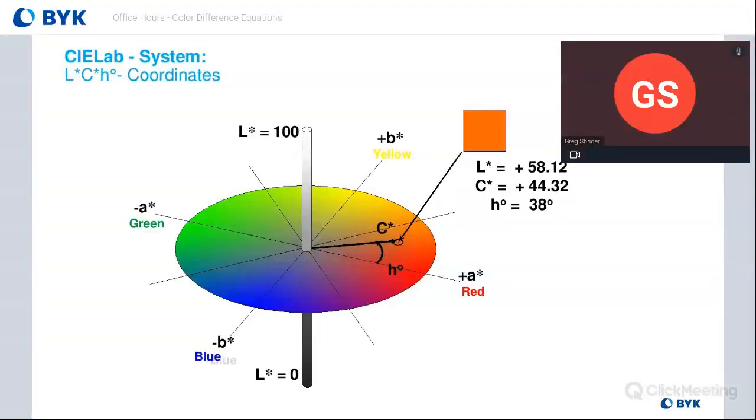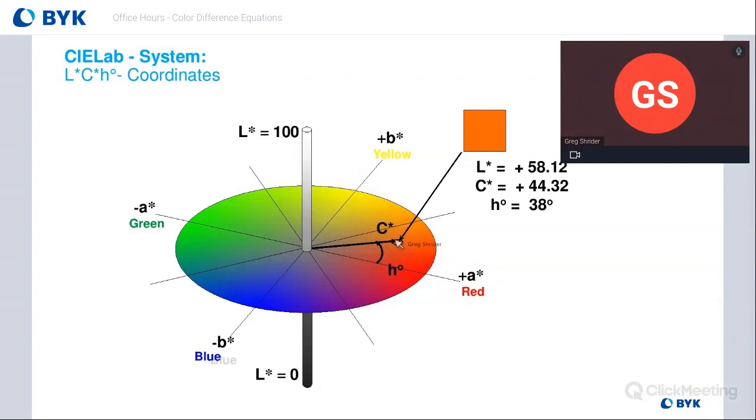We also can navigate that same CIELAB color space using a polar coordinate system. Very simply, it's the same value for L, so we still come up to that 58.12 L value. Then instead of going out in A and B, we talk in terms of hue and chroma. Chroma is the distance from the center, or the neutral part of that L scale, out to a point in color space.